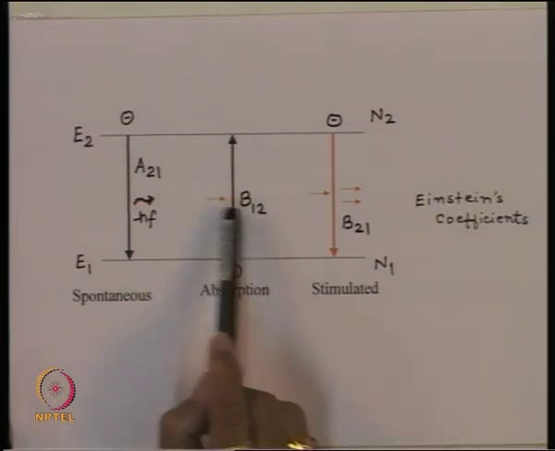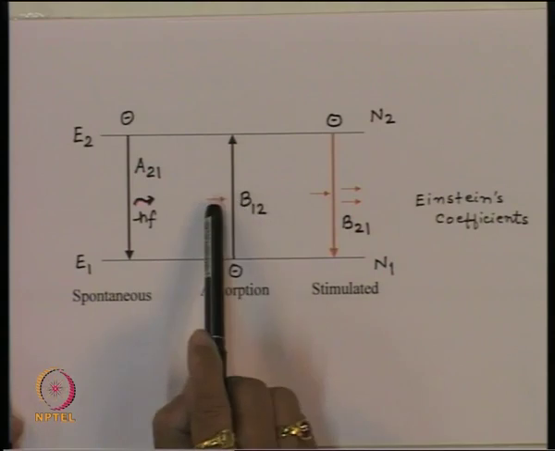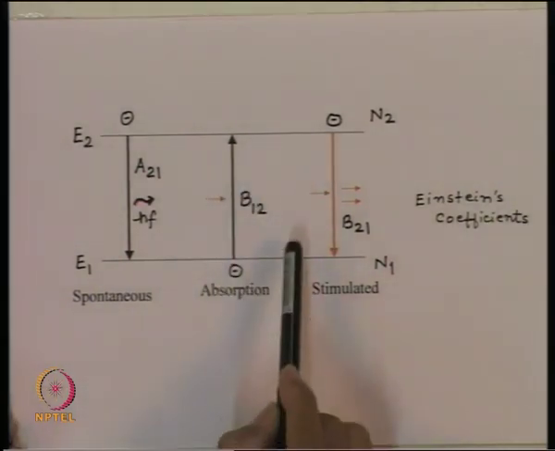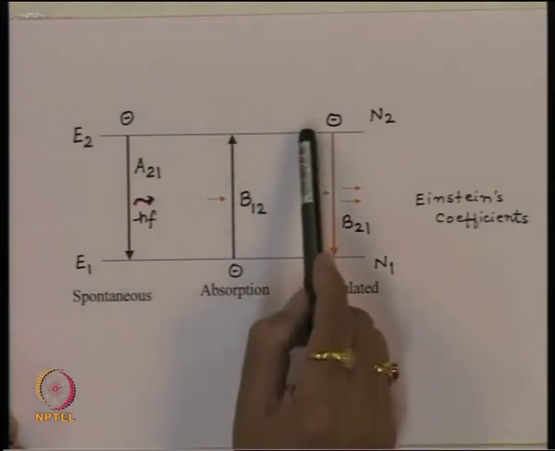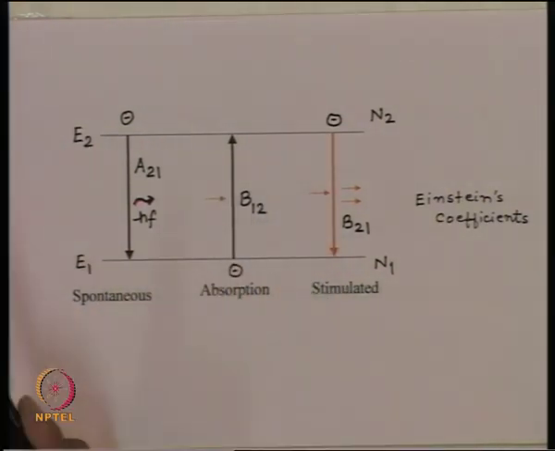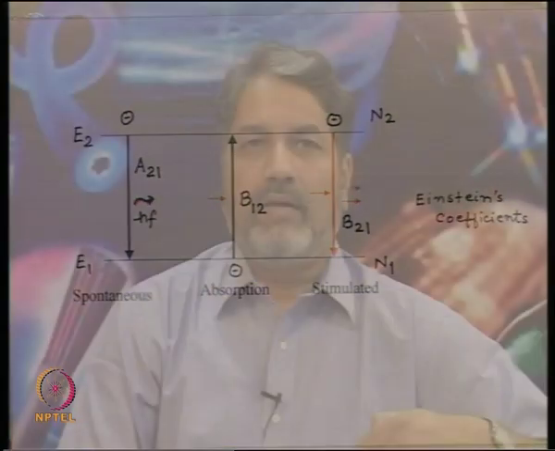When we are looking at the interaction of a photon with the system of energy levels, where the difference is exactly equal to the energy of a photon, essentially we are talking about a resonant phenomenon. The photon has an energy, that means it has a definite frequency.